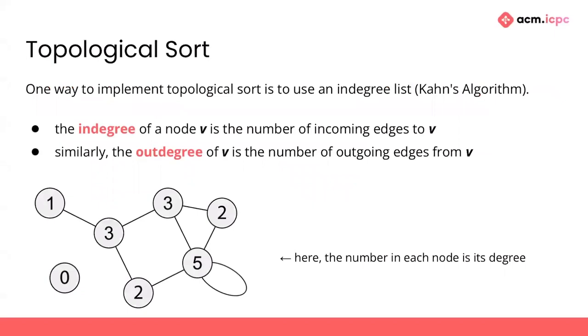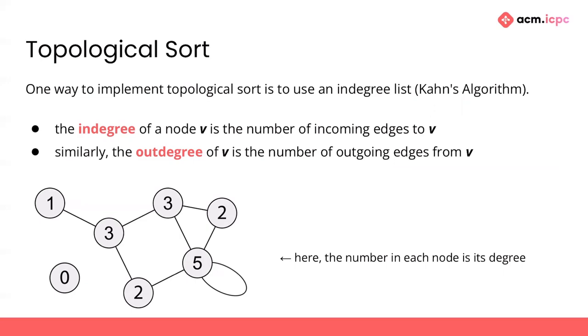One way to implement this algorithm is to use an Indegree list, also known as Kahn's algorithm. The idea of a degree is basically the number of nodes that is connected to one node. This picture already tells you the degree of each node.